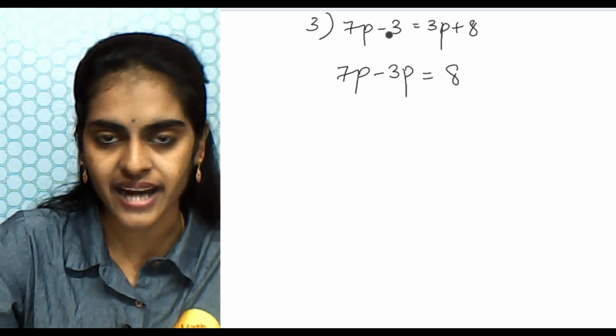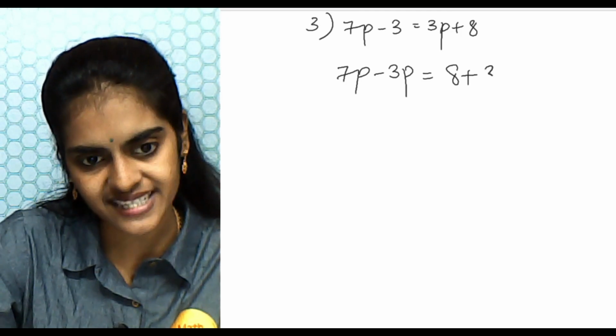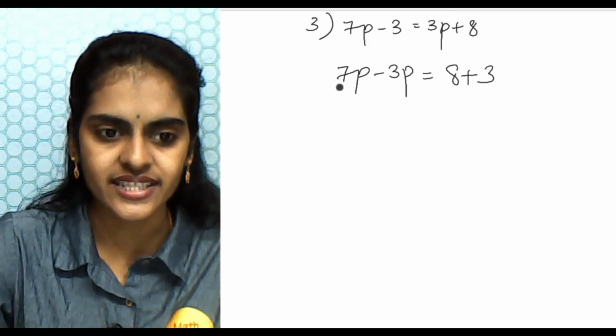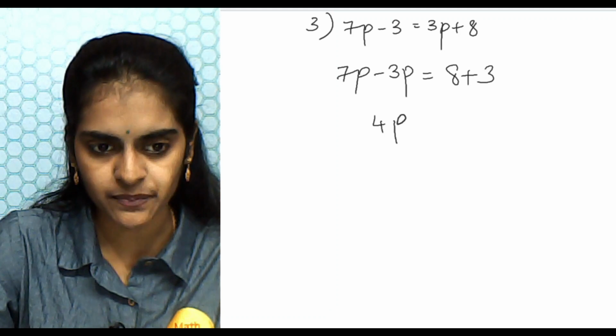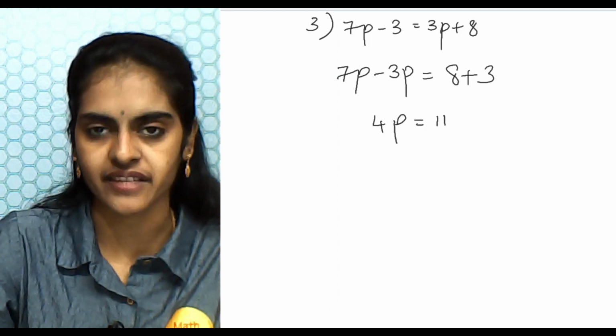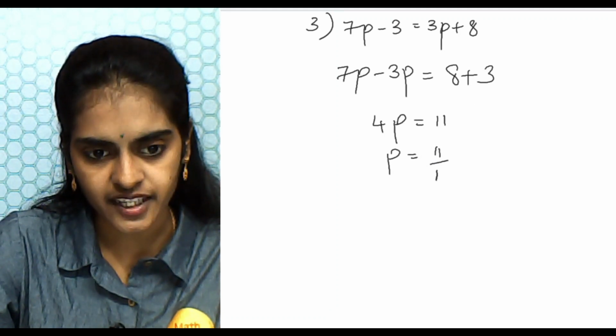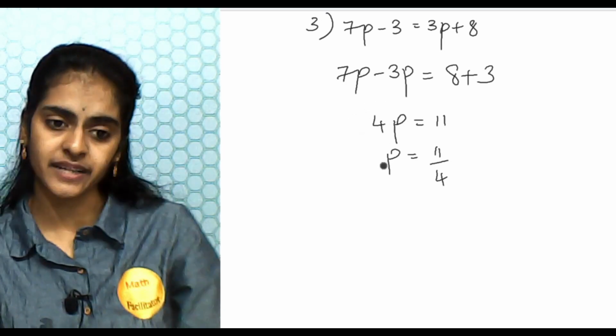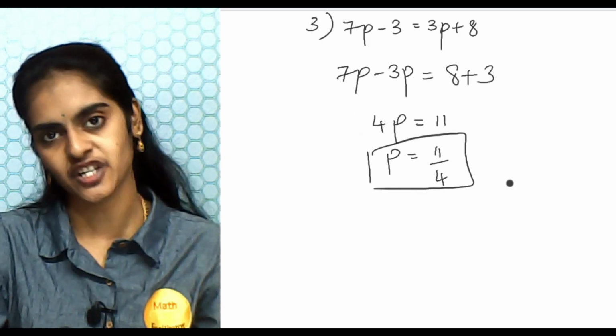Here you have minus 3, going into the other side becomes plus 3. So this is 7 minus 3 is 4p, equal to 8 plus 3 is 11. So p is 11 divided by 4, because this 4 is in multiplication, going into the other side becomes division. So it is 11 by 4.